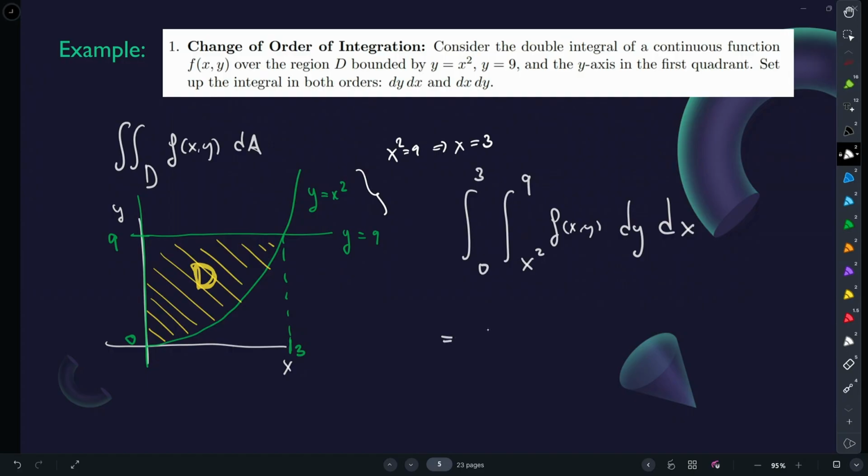If I want to do it in the opposite order, I have to run in y first, and y will run from 0 to 9. And then the x goes from this function of x. This function of x is x equals 0. This function of x is equal to the square root of y.